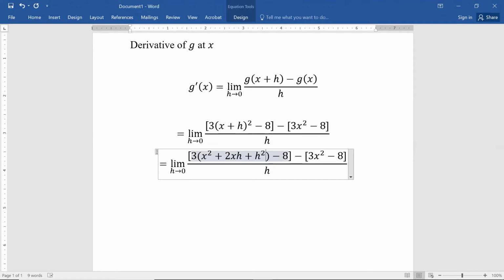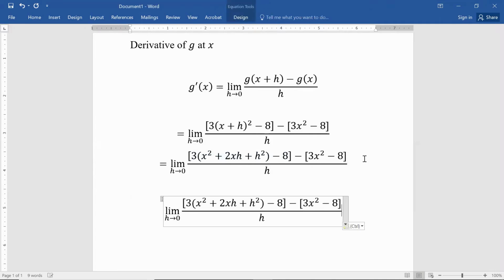Then we can distribute the 3. If I distribute the 3, I end up with 3x squared plus 6xh plus 3h squared minus 8 minus 3x squared minus 8.